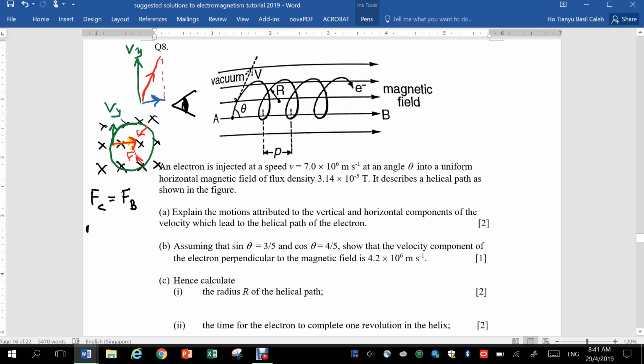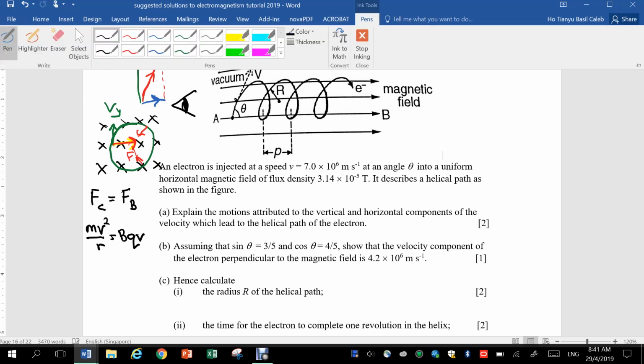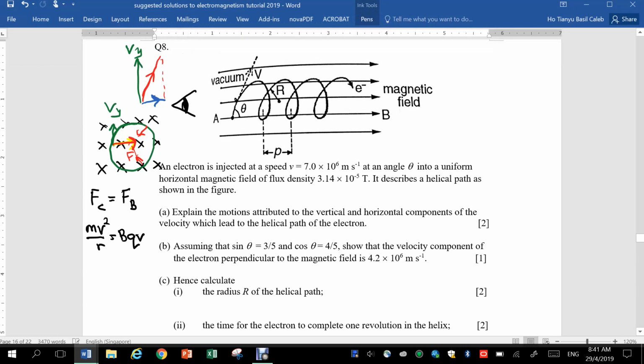So we can say m v squared over r equals B q v. And here, because we are looking from behind at just a circle, the v here should be vy.